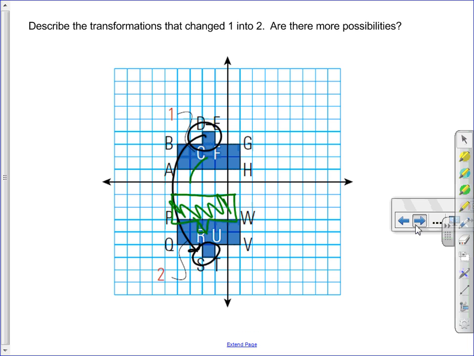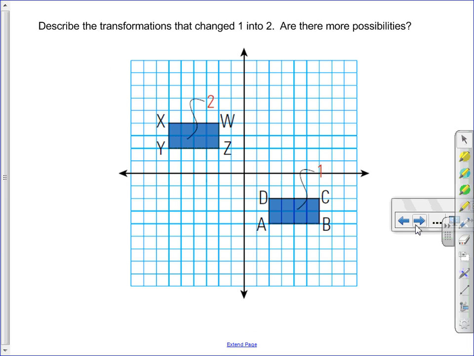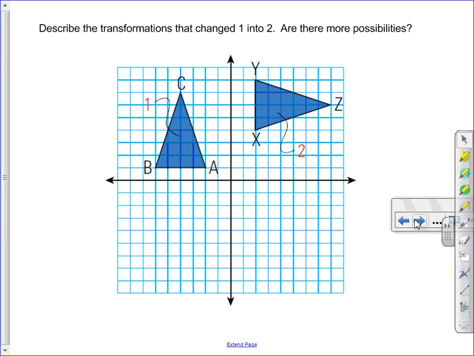So again, multiple transformations. What about this one? This one looks like it could have just been rotated about the origin. Could there be another answer? Sure, it could have just been reflected as well, maybe reflected down to here and then over to here.